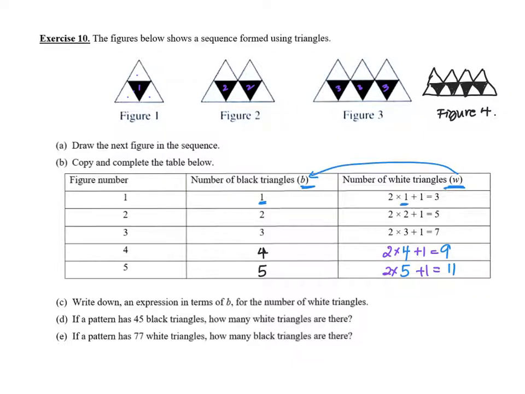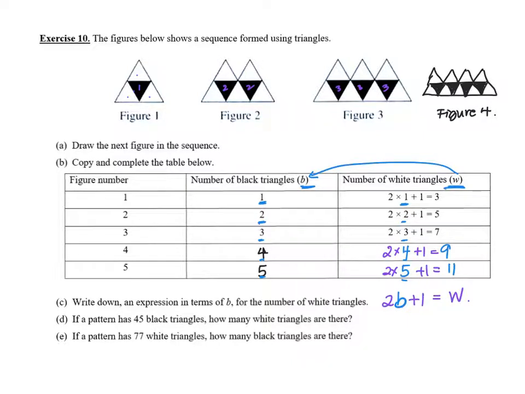Oh, this is 1. When this is 2, here's 2, 3, 4, and 5. So that means if I want an expression in terms of B for the number of white triangles, I will follow this pattern: 2 times the number of black triangles, which is B, plus 1 to give you the total number of white triangles.